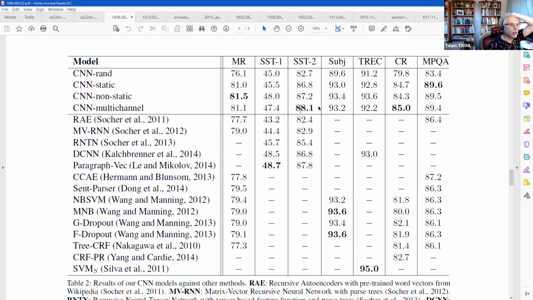Here he beat the state of the art. Here, the state of the art is 93.6, and he got 93.4 with his best model. So even when they beat him, they didn't beat him by much. Here he got 93.6 with his best model, and they had 95.0, so he's almost as good. And here he just blew them away in this test.